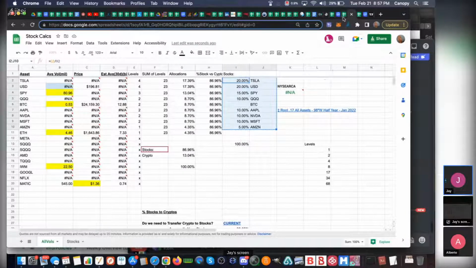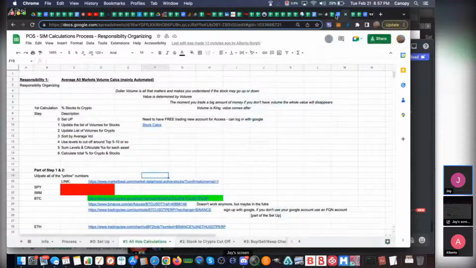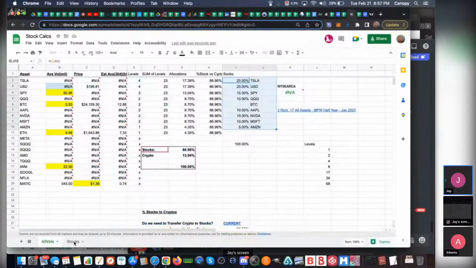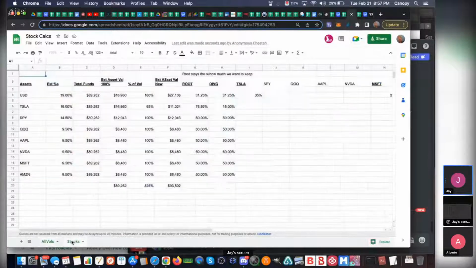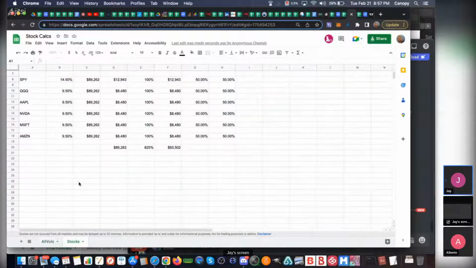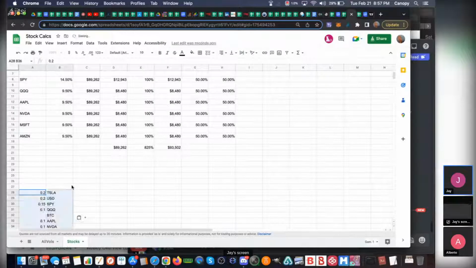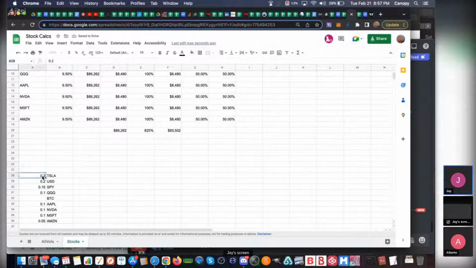So we go back over to the stock calcs. Oh, that was the stock calcs. And we just go into the stocks. Yeah. So next tab over. So we just want to update this with the new numbers right here, just to make sure they're all correct. Okay. So percentage. So we have Tesla 20%.